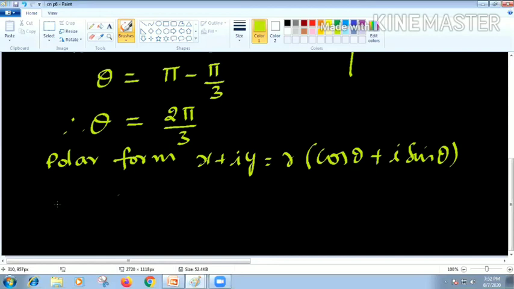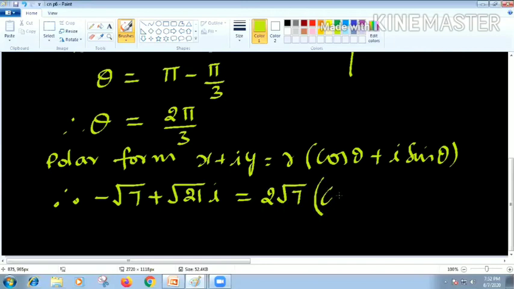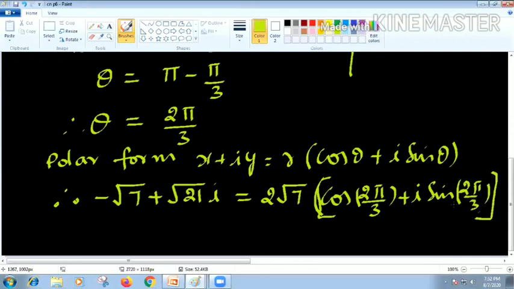Therefore, in this case, the polar form of the given complex number minus root 7 plus root 21 i is equal to the r value, in this case 2 root 7, into cos 2 pi by 3 plus i sin 2 pi by 3.